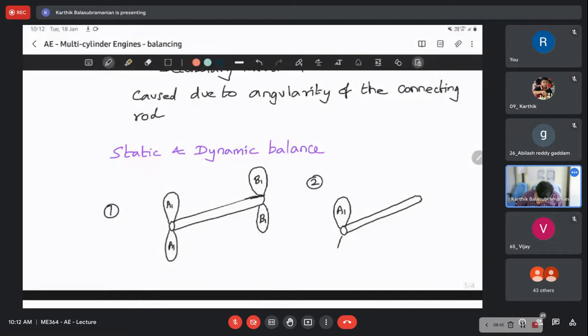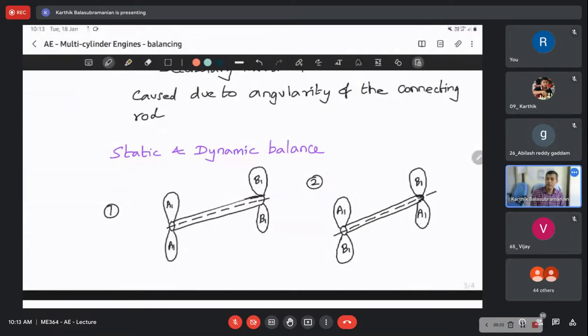A1. So what's the difference between these two cases? Yeah, case 1 and 2. First one is both static as well as dynamic balanced. Second one is only static balanced.